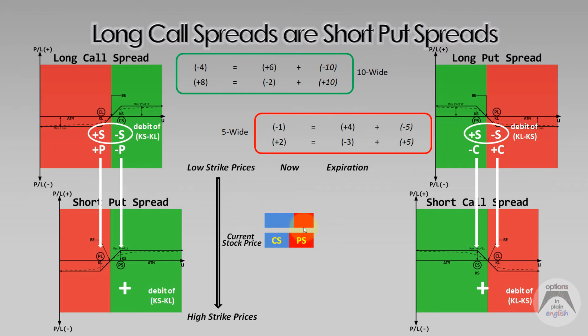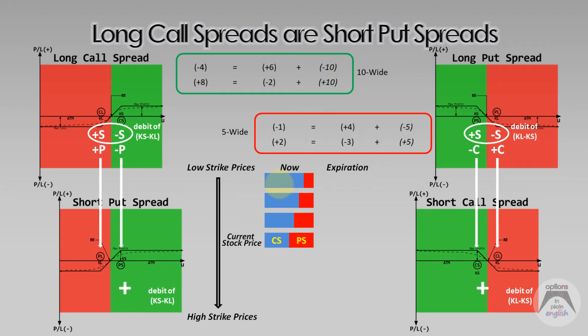So the call spread is going to be bigger than the put spread, because the put spread is completely out of the money, being at strike prices that are below where the stock price is. And if we keep analyzing, you can see that whatever amount you have in the call spread, the remaining value for the whole width of the spread is going to be attributed to the put spread.